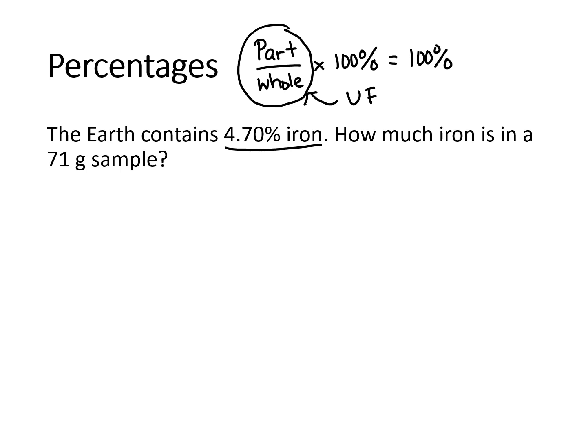And the units that you can use are grams of iron and grams of sample or grams of earth. Try writing it as a unit factor and let me know what you get.